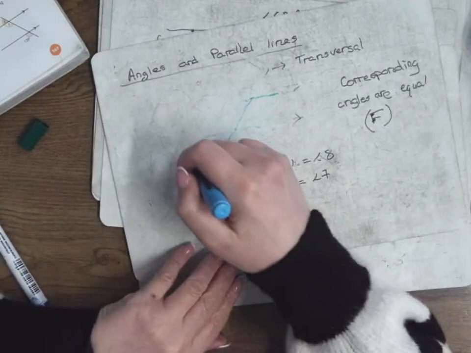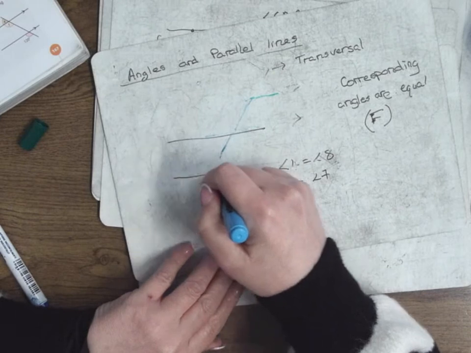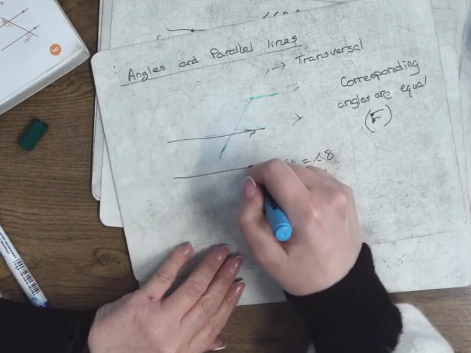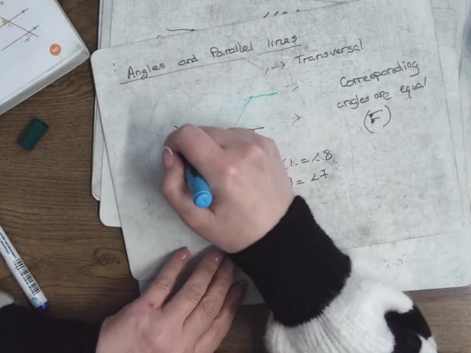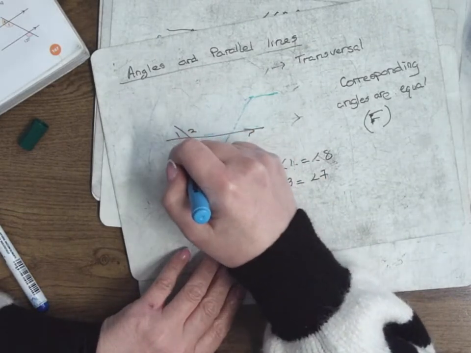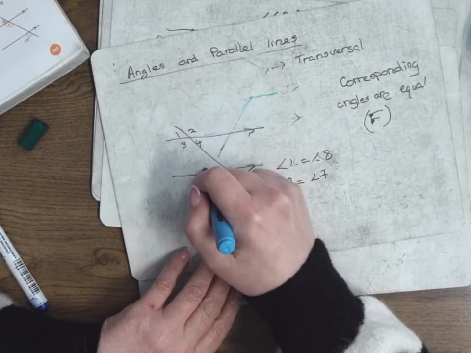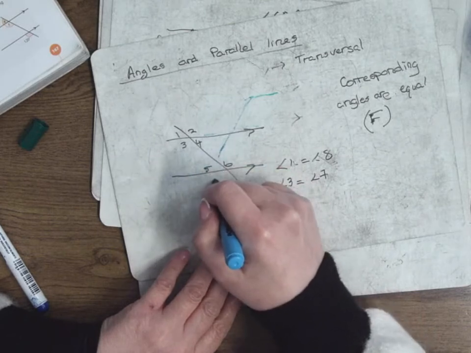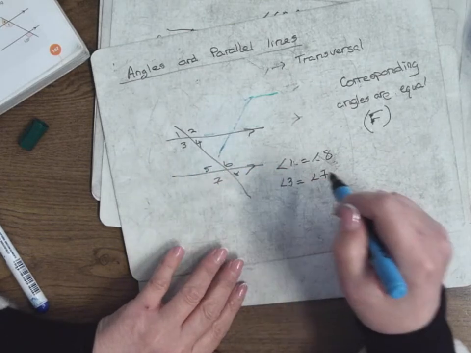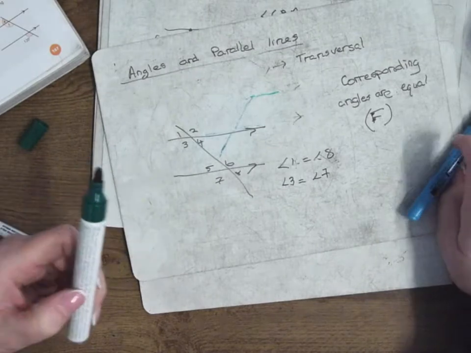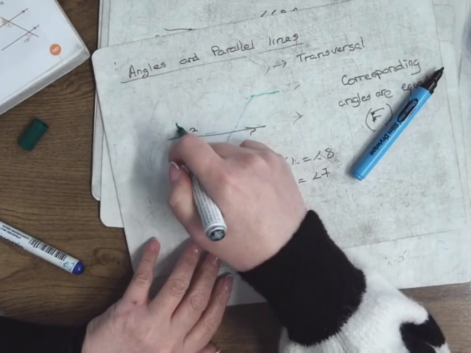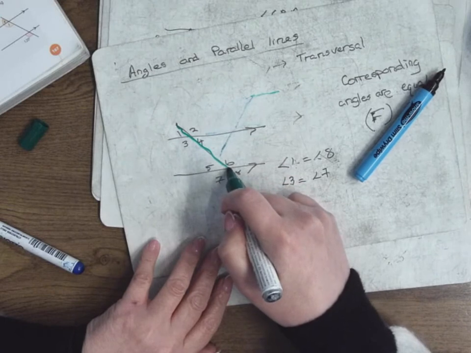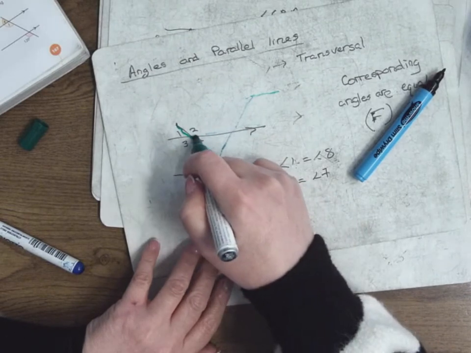So I'm going to draw it again. And I might draw the transversal this way, who cares? Right, okay. So 1, 2, 3, 4, 5, 6, 7, 8. Okay, so I might draw a different F. I'm going to draw it upside down and this way.